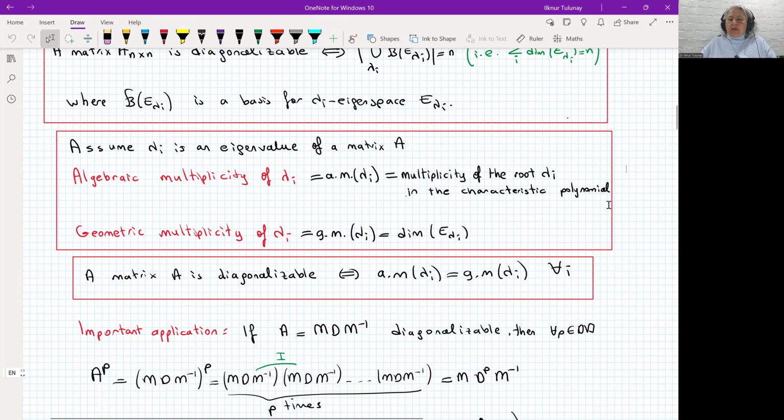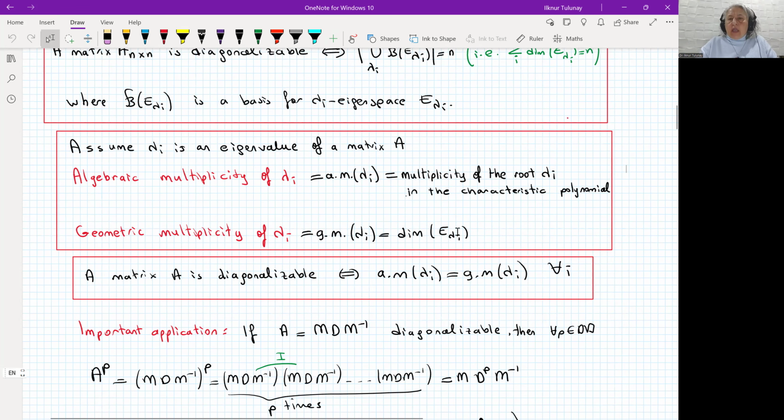And the geometric multiplicity of the eigenvalue is the dimension of the eigenspace. So the matrix is diagonalizable if and only if the algebraic multiplicity is equal to the geometric multiplicity for each eigenvalue of the matrix.